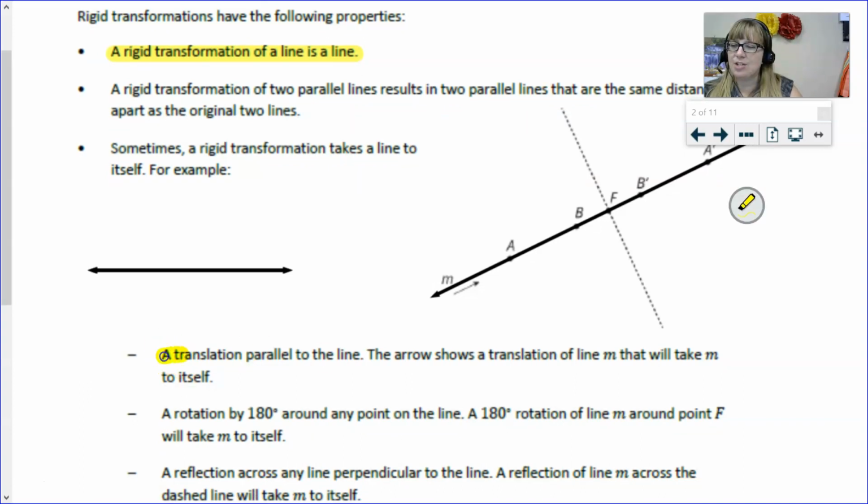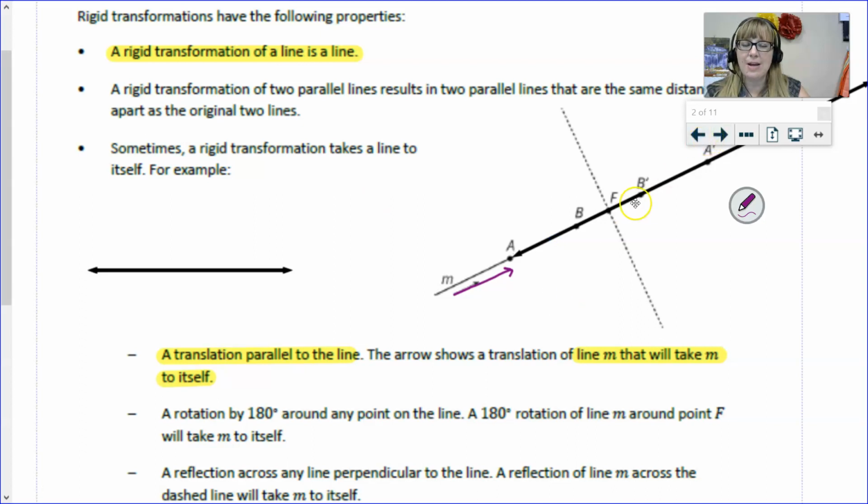A translation parallel to the line will take the line back onto itself. Sometimes the rigid transformation takes a line to itself, and we can see that here. Again, I've got a line, and if I translate that line in the direction of that vector that I have drawn, it is going to stay that line.